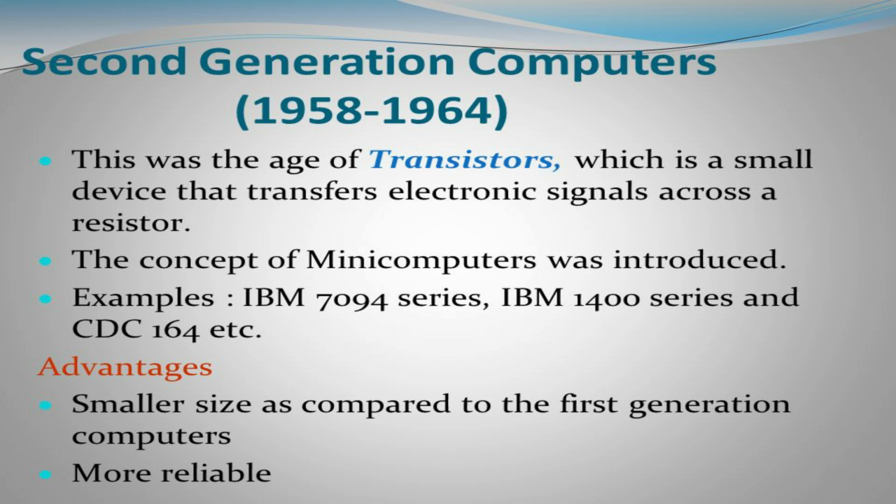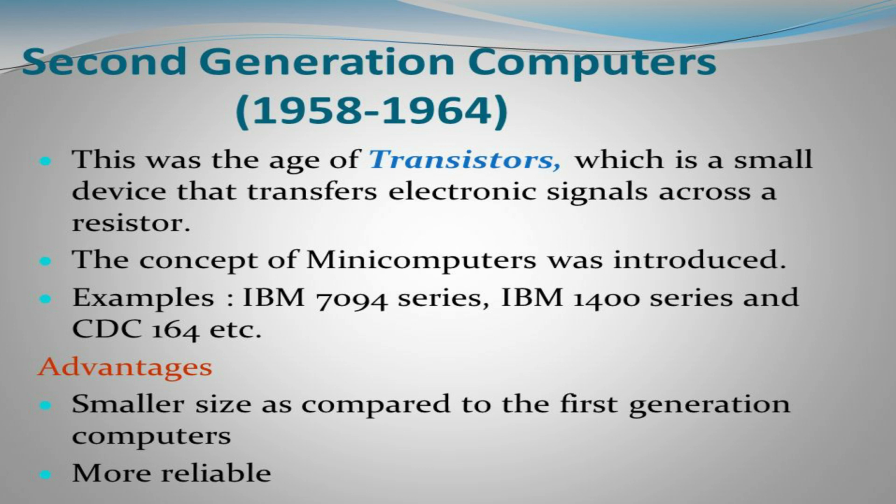Examples are the IBM 7094 series, IBM 1400 series, and the CDC 1604, etc. What is the advantage of the second generation of computer? The first advantage, small size as compared to the first generation computer, and the second advantage, more reliable. This is the second generation.